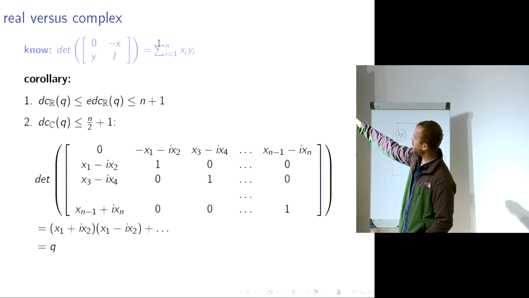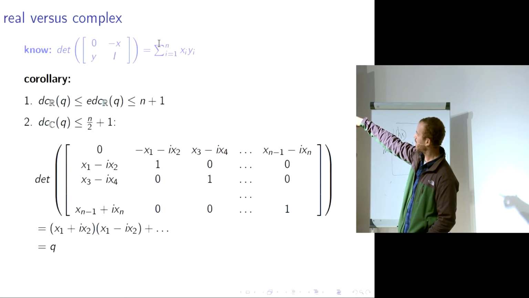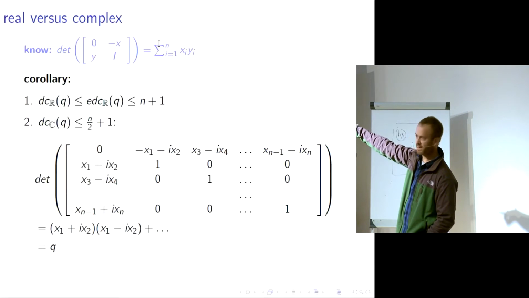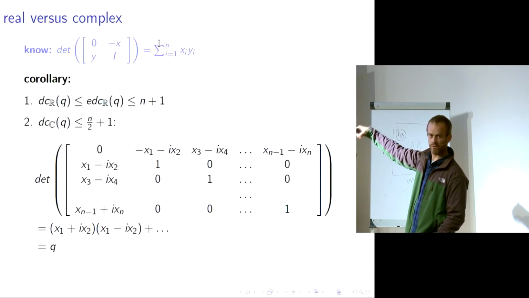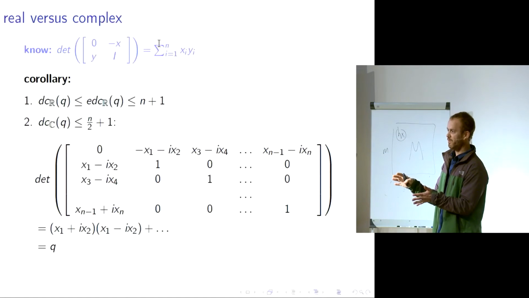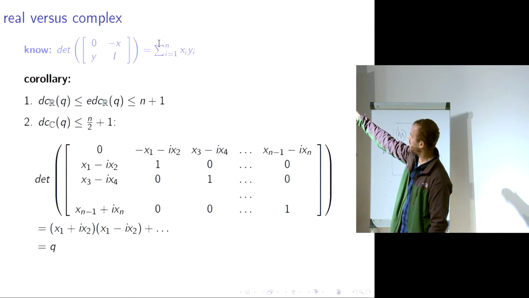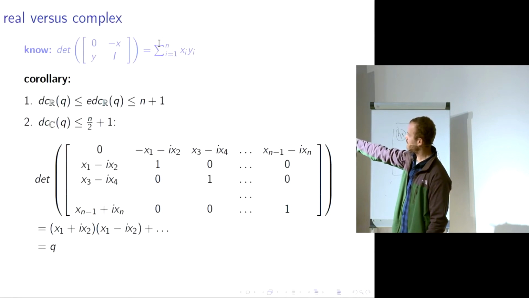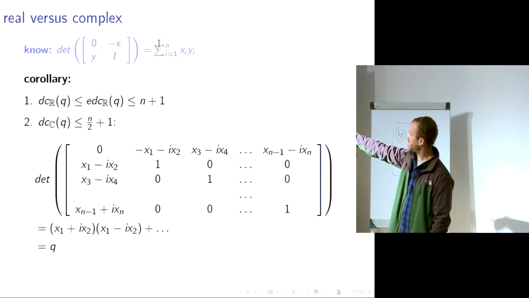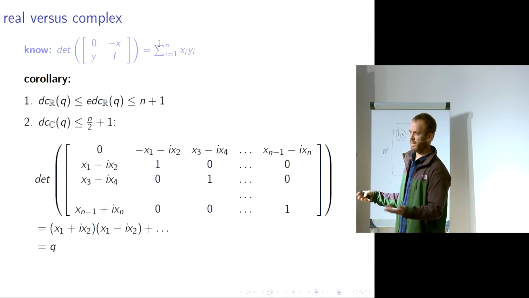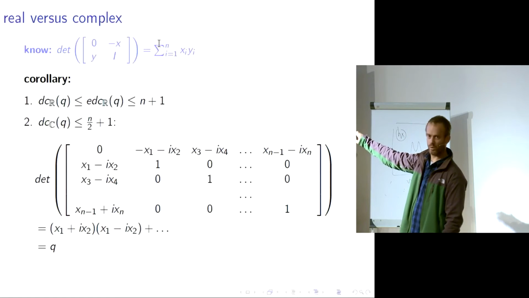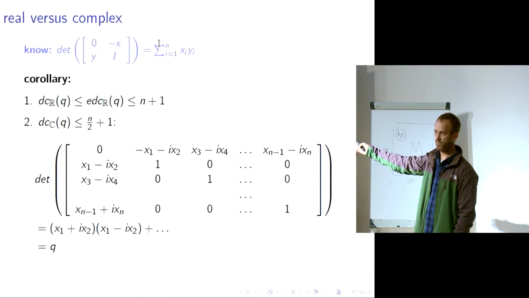Well, instead of x, we can write x1 plus i x2, x3 plus i x4, and so forth, and x1 minus i x2, x3 minus i x4, and so forth. These are formal polynomials; we just replace the symbols by other symbols, and we get a sum of these things. This is a plus b times a minus b, which is a squared minus b squared. But because i squared is minus 1, we get the polynomial Q.